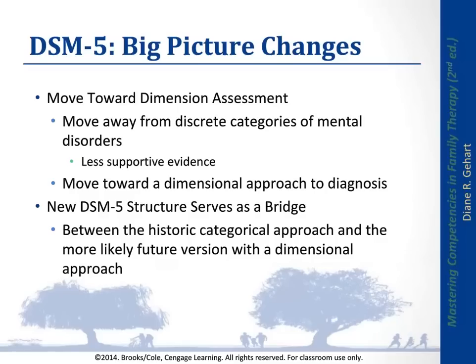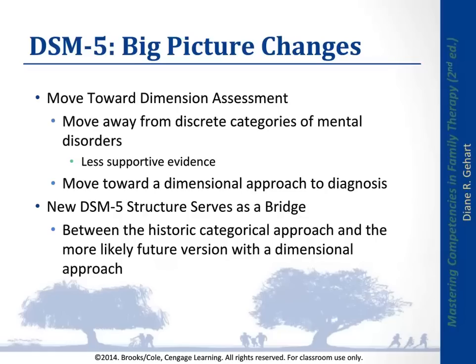Now, there's been a lot of talk about the DSM-5, pro and con, and fears and hopes and all that good stuff. But I think one of the main things that's really important to understand when you hear any of the discussion about any of the changes is getting a sense of the big picture: where is mental health diagnosis going?